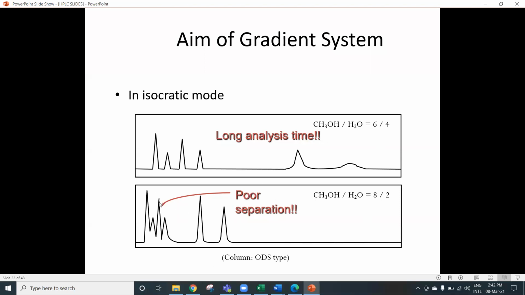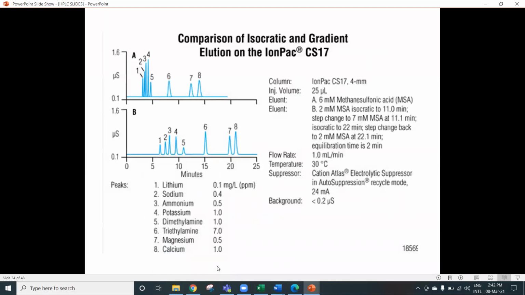So you can see that the peaks are clustered, the chromatograms and the peaks are not well resolved, unlike when you have a long analysis time and they are well separated and resolved. So there are 2 chromatograms comparing isocratic and gradient elution of a particular sample, which is a mixture of 8 components.